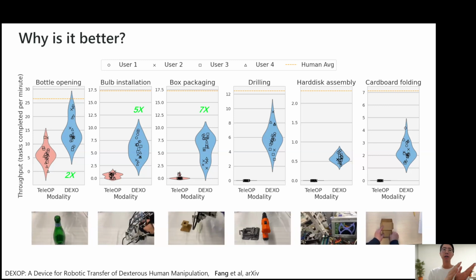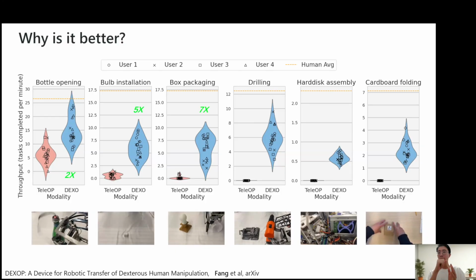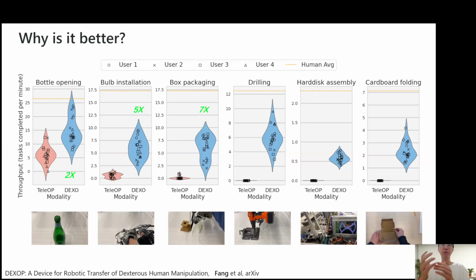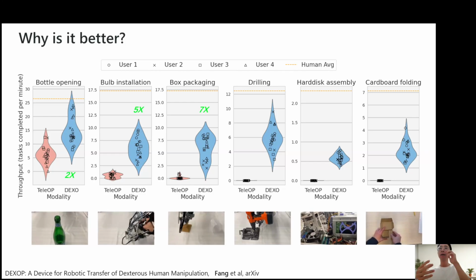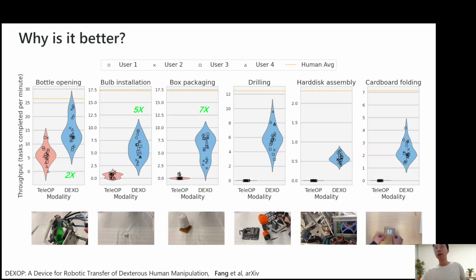For the first 3 tasks, DHM can achieve 2 to 7 times more efficiency than teleoperation. And for the latter 3 tasks, teleoperation cannot even accomplish the task.